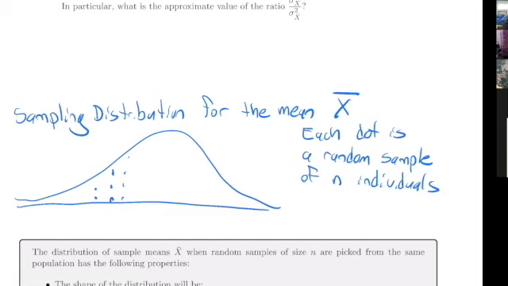Each dot is a random sample consisting of n individuals, in our case, n countries. And what's important here is every sample is the same size.